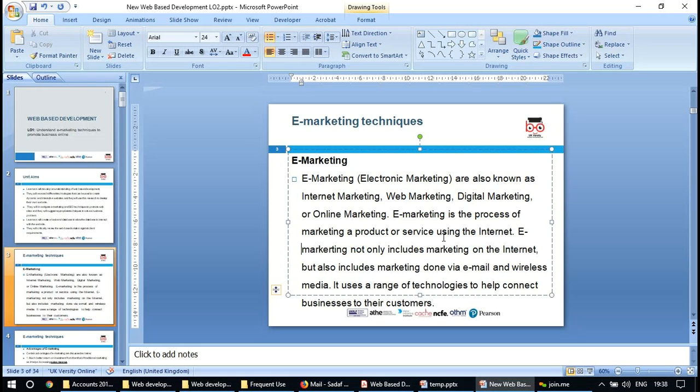Not only the text independent, but also the text used inside the tables, and no matter if those tables are visible or not, their borders are visible or not, overall CSS overrides.